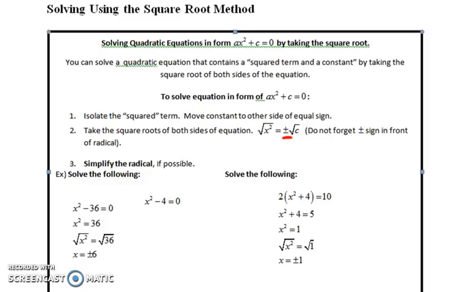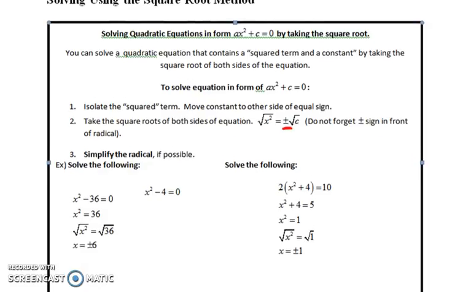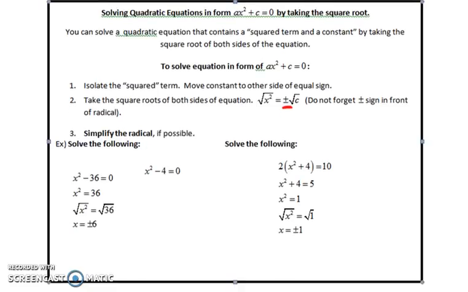So there will be two solutions still. So if I have x squared minus 36 equals 0, we're going to add 36 to both sides to get x squared equal to 36. Take the square root of both sides, so x is equal to plus or minus 6. Because negative 6 squared is 36, and positive 6 squared is 36.